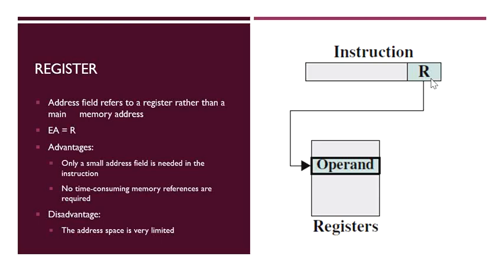The immediate, direct, and indirect modes have the address field pointing to memory, but here the address field points to the register. It is similar to direct addressing, but the address field contains the effective address from the register, which points to the operand to be fetched from the registers.